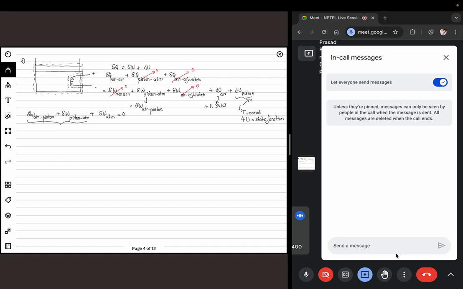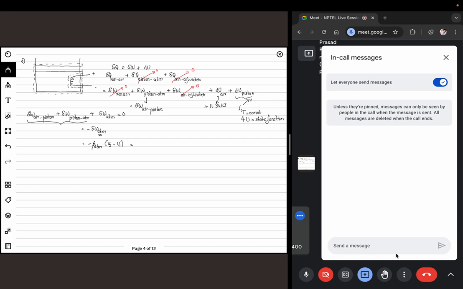So you know that this is the total work I need to calculate, so that is just equal to minus delta W atmosphere. I can just calculate the work done on the atmosphere, which will be equal to atmospheric pressure, which is a constant, times the volume change, final volume minus initial volume. The minus sign is just to take care of the notation, that work is done on the system.